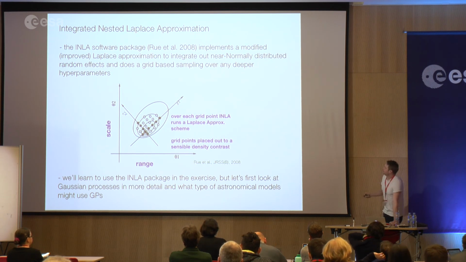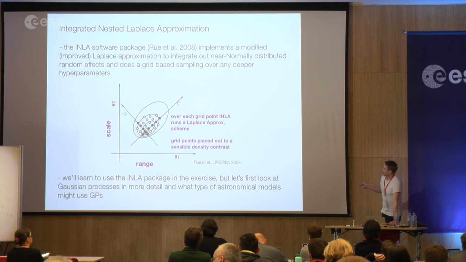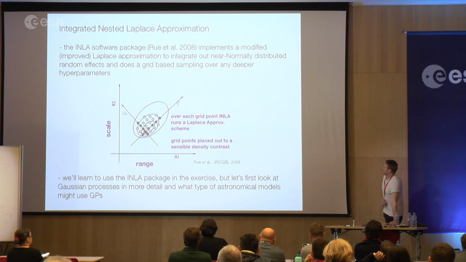A grid which is well-spaced and well-centered is, I guess, one of the tricks of the INLA software in designing such a grid. But where dimensionality is low, this type of strategy provides you in some sense a cheaper approximation than one which is based on randomly moving about the space.